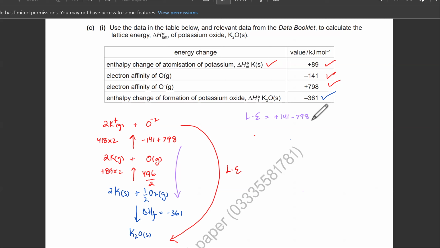Then you have minus 418 times 2. And then it's minus 89 times 2. Okay, it's minus 496 divided by 2. And then it's minus 361. Okay, so lattice enthalpy is basically equal to all of this stuff. So what do we get for this?